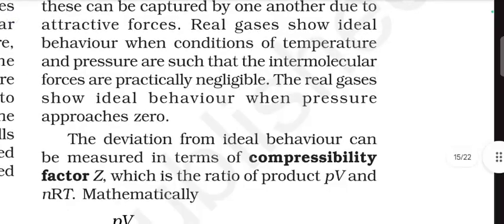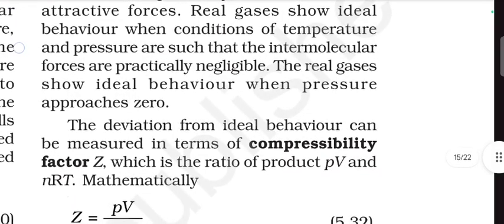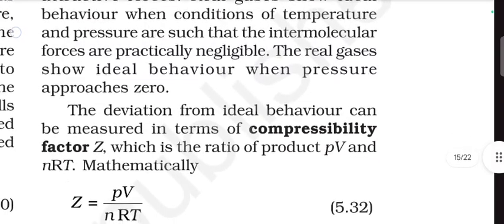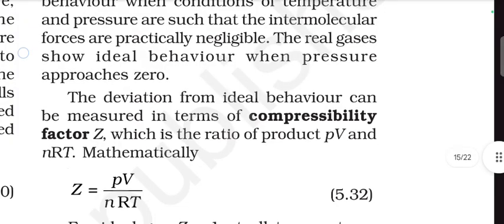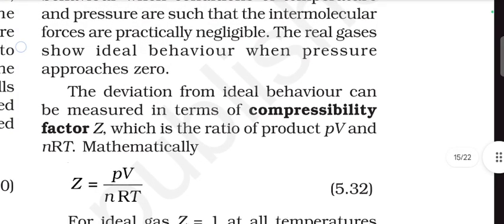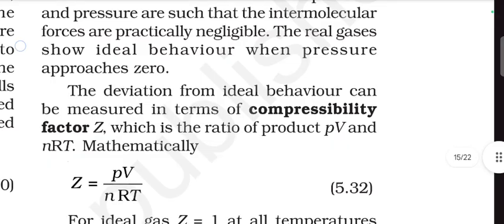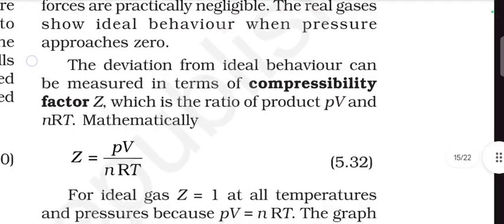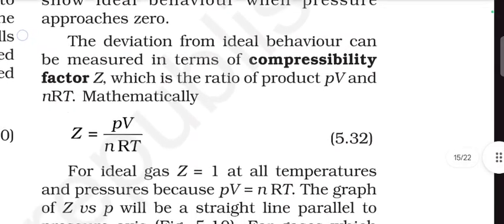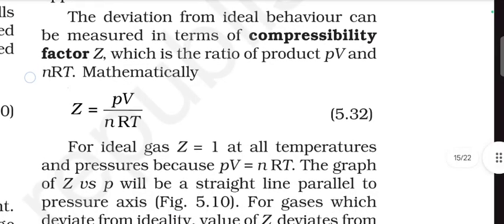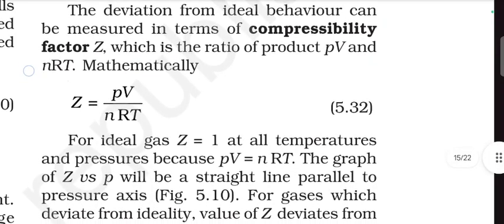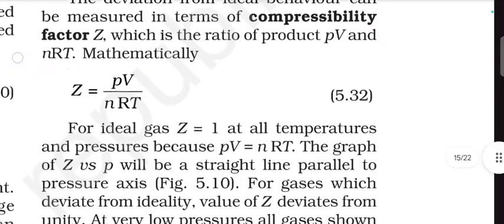Real gases show ideal behavior when conditions of temperature and pressure are such that the intermolecular forces are practically negligible. The real gases show ideal behavior when pressure approaches zero. The deviation from ideal behavior can be measured in terms of compressibility factor Z, which is the ratio of product PV and nRT.